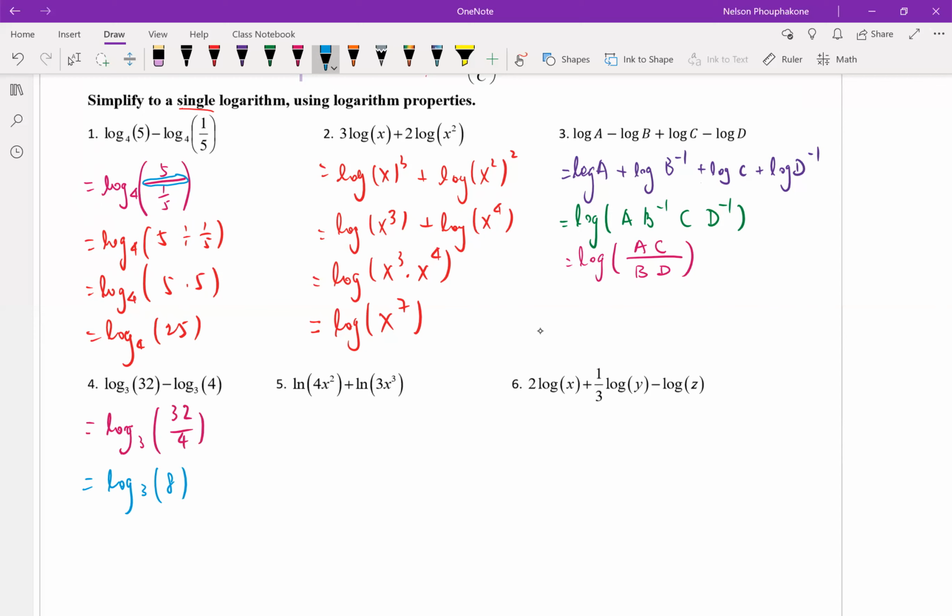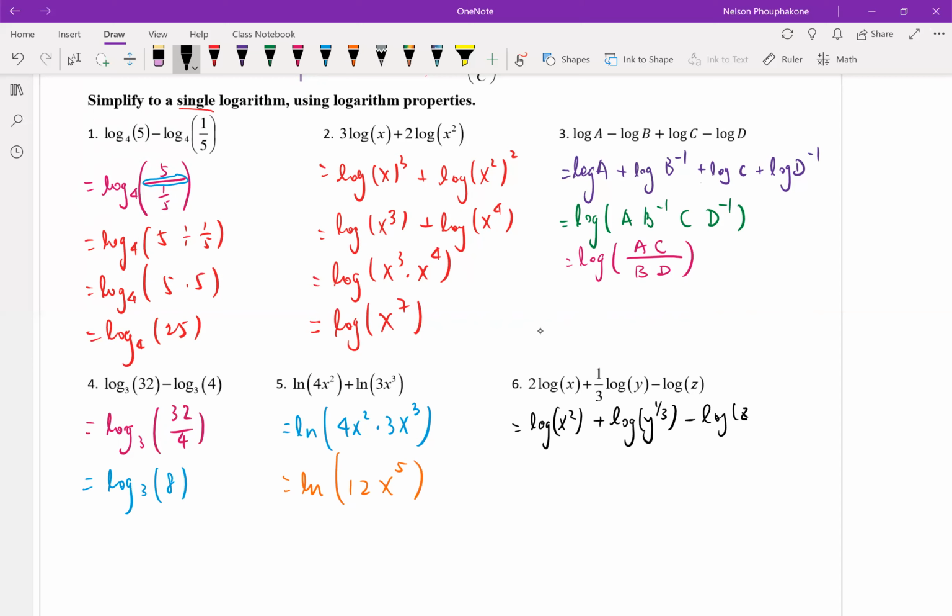And the next one, basically we will have natural log of 4x squared times 3x to the power 3. Then in this case, I will have natural log of 12x to the 5th. Okay, then the last one, this one. So I could rewrite this into log of x squared plus log y to the 1/3 power, and then minus log of z.